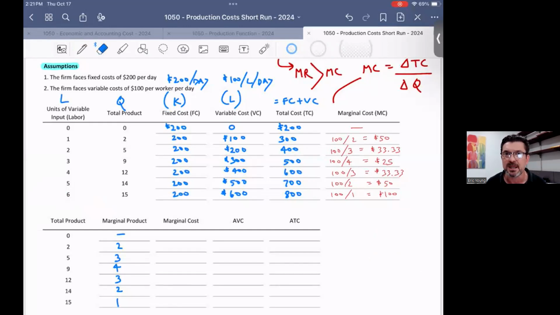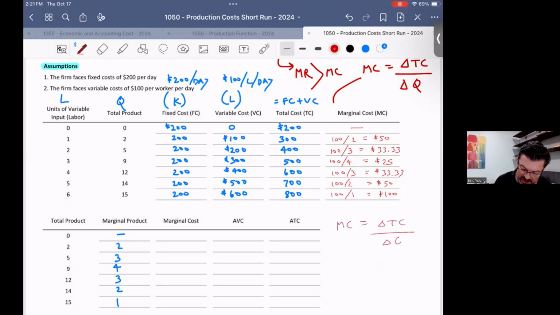Very important idea. Once again, marginal cost is going to be equal to the change in total cost divided by the change in output. It's basically what we have to spend to make each additional pizza.